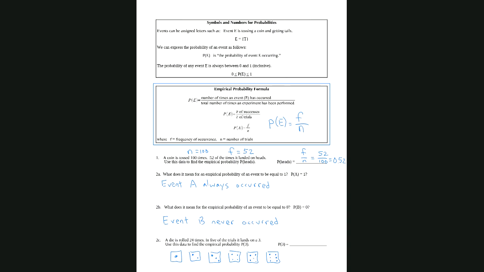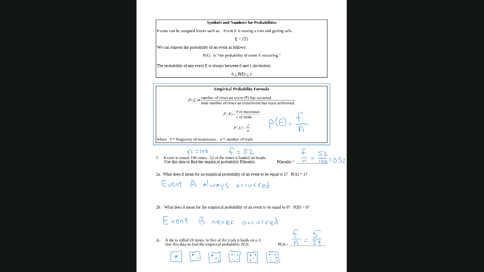So what we want to do is look at the frequency of occurrence and divide by the number of trials. So here, the frequency of occurrence is not actually the 3. The 3 is just the face that happened to be designated as a success here. We want to put down the frequency, which is the number of times that the 3 came up. So for this problem, we're actually looking for 5 out of 24. And that would be the empirical probability of rolling a 3.